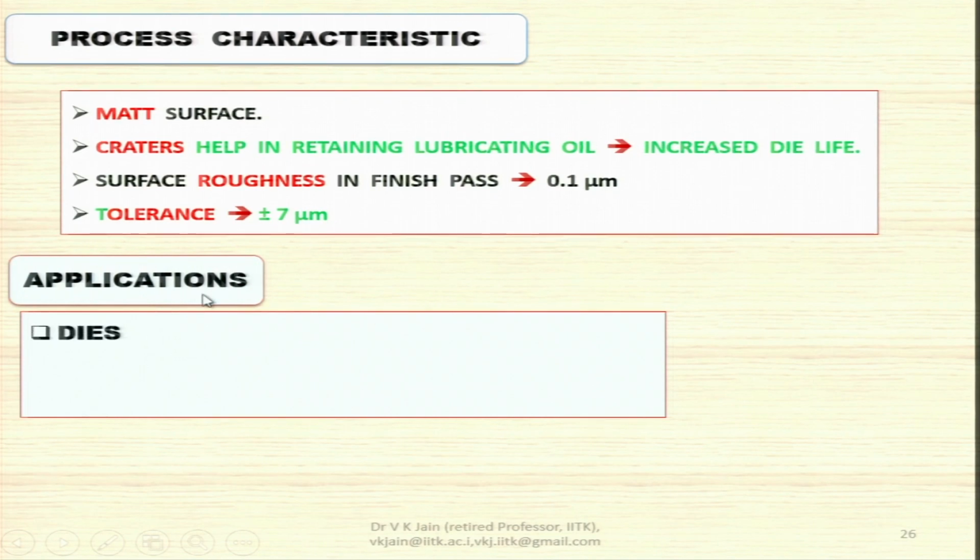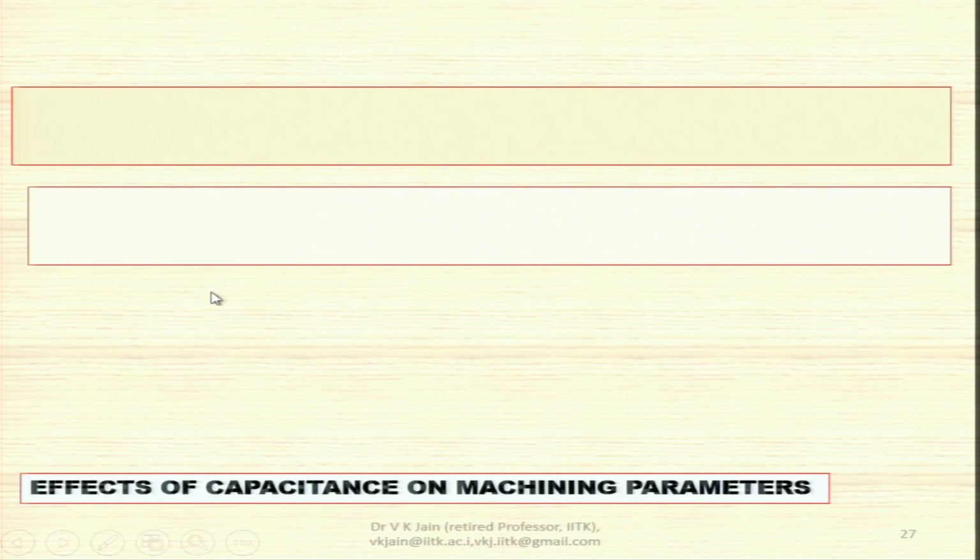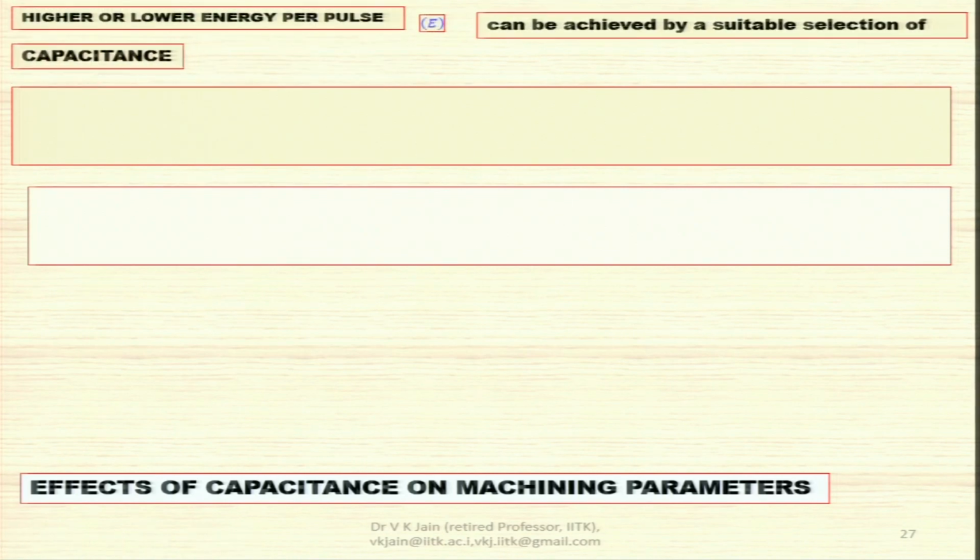Applications you have many, like dies, press tools, electrodes, etc. Effects of capacitance on machining parameters. Higher or lower energy per pulse can be achieved by suitable selection of capacitance.